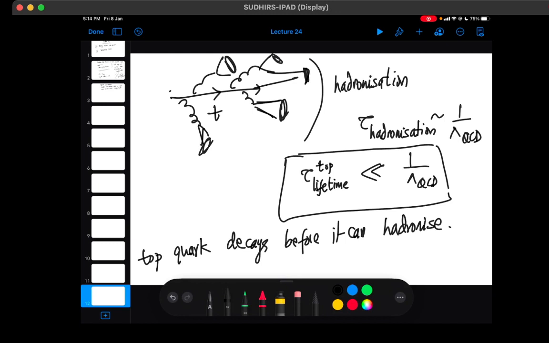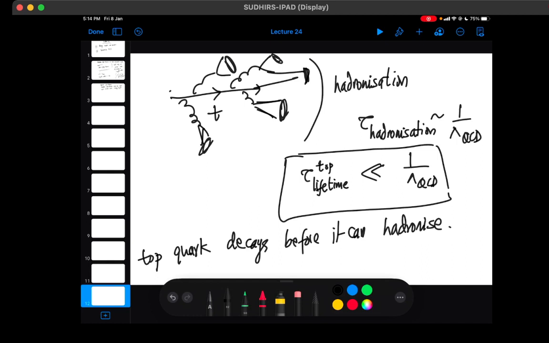Its lifetime is so small because the heavier the particle, typically the lifetime goes as some power of the mass of the particle. As the particle becomes heavier and heavier, it's more likely to decay very fast, unless there are some symmetries, and of course there are interactions, and what kind of interactions take place, a number of things.